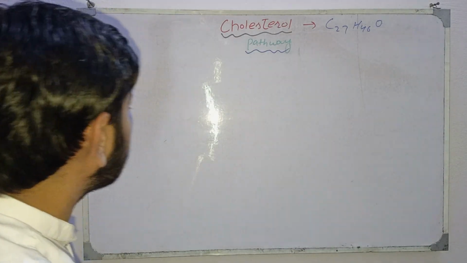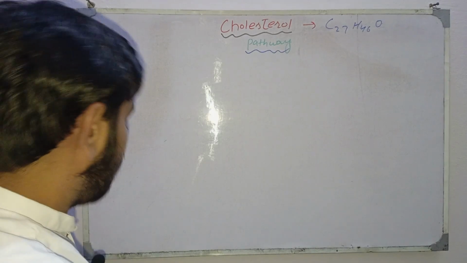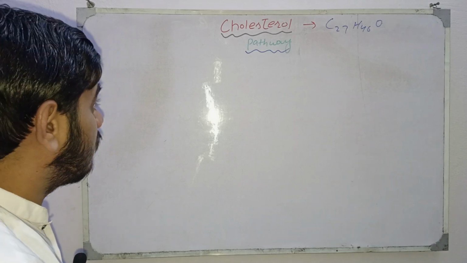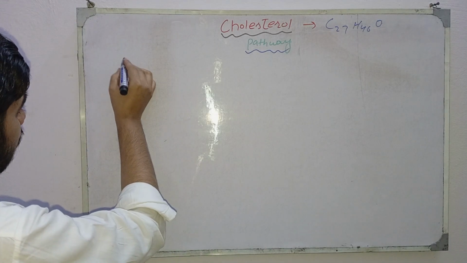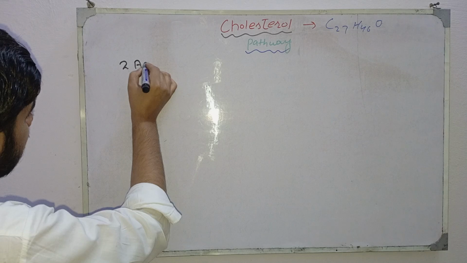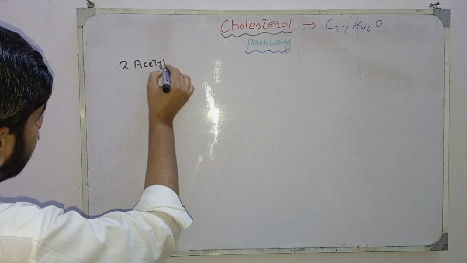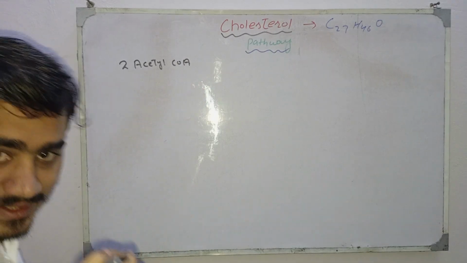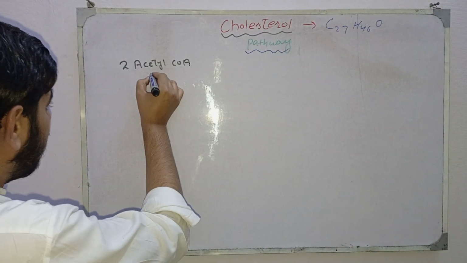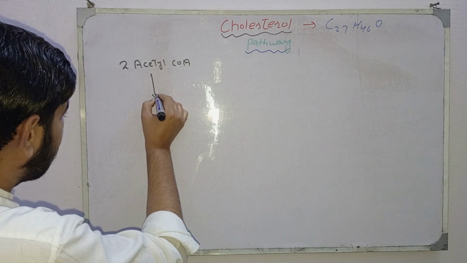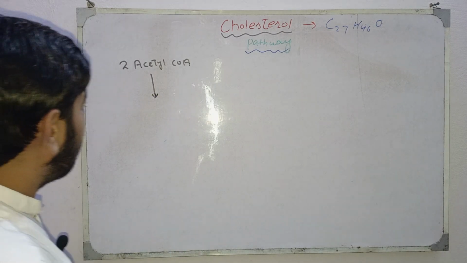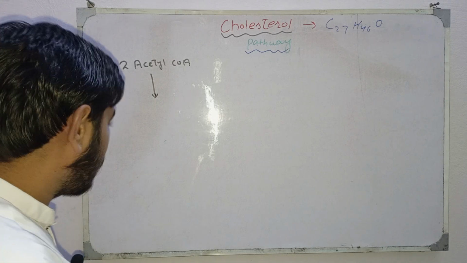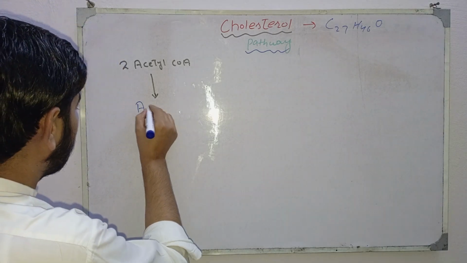Students, first of all, two molecules of acetyl CoA get condensed and they form acetoacetyl CoA.